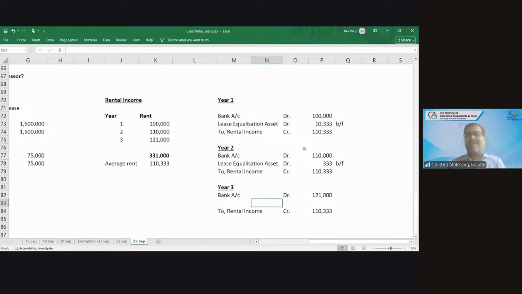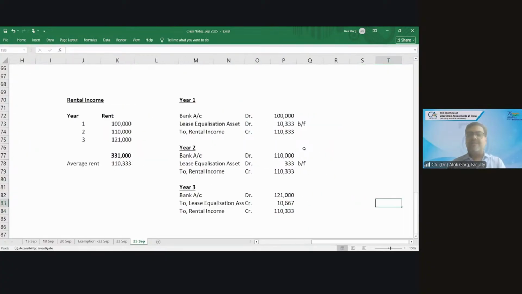Here your debit is higher than credit, so lease equalization would be credited. Whatever lease equalization you have created has to be reversed now. The difference is this minus this, and technically it should be equivalent to the earlier number, 333 plus 10,333. So this has been neutralized.